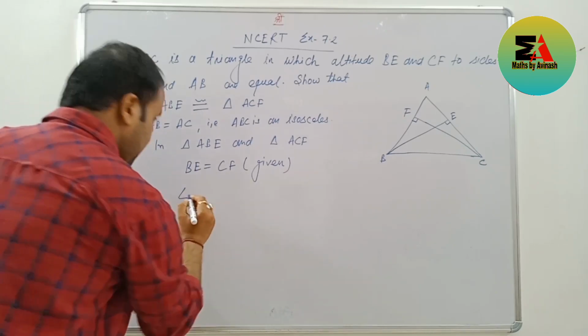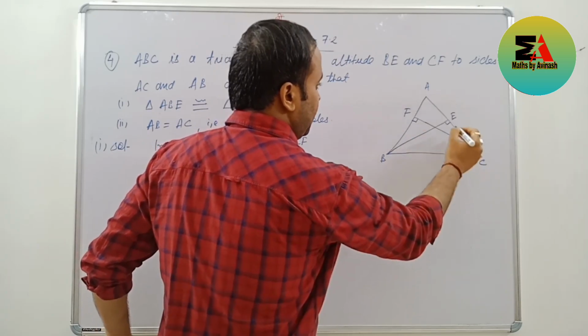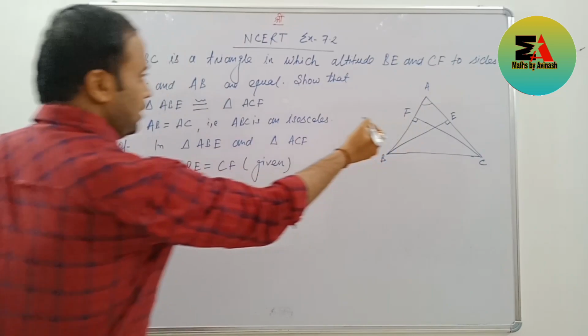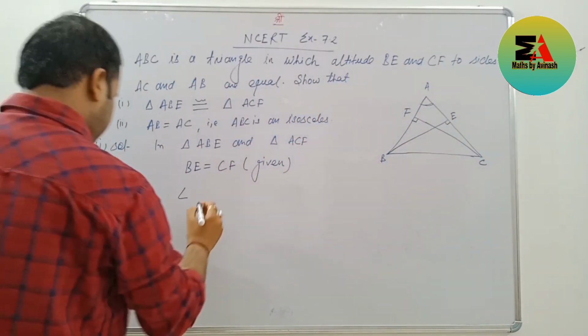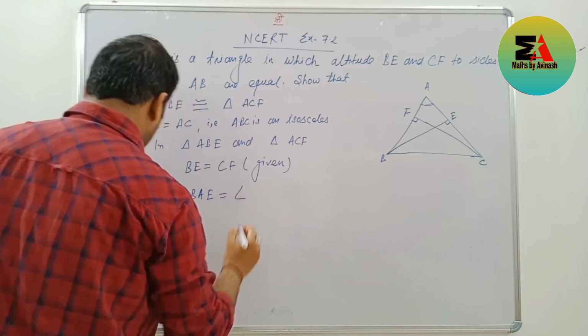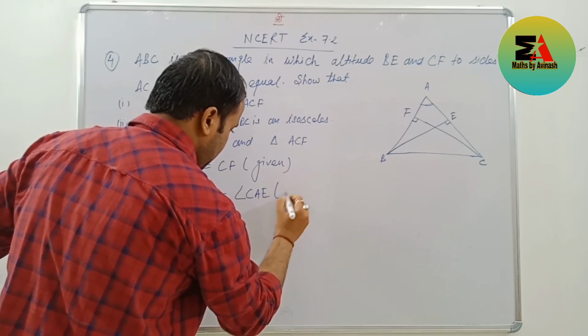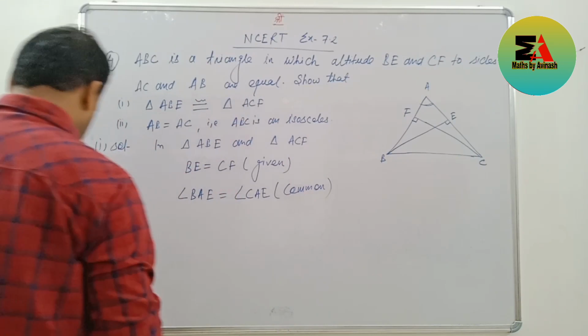And angle BAE and angle CAF are common in both triangles. You write angle BAE equals angle CAF. Why? This is common.